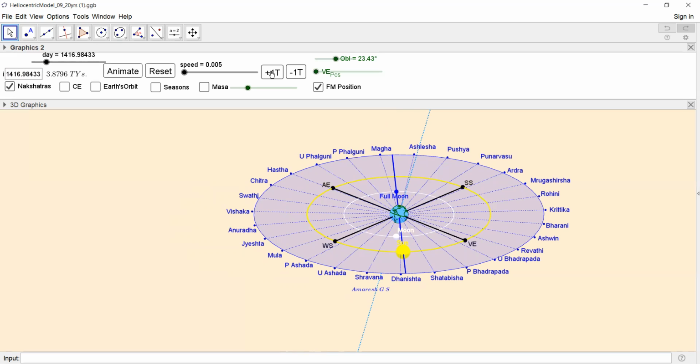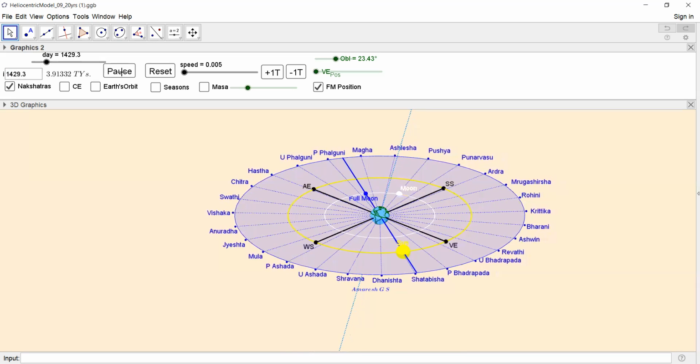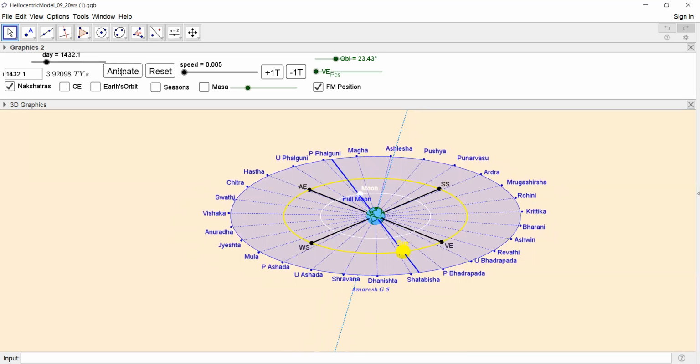Again, we have made use of all the 12 names for the lunar months. So when the new year begins and the first full moon arrives, by this standard practice, I am going to name it Chaitra Masa or lunar month of Chaitra. But again, notice the position of the full moon with respect to the background nakshatra system. It is between Magha and Purva Falguni.